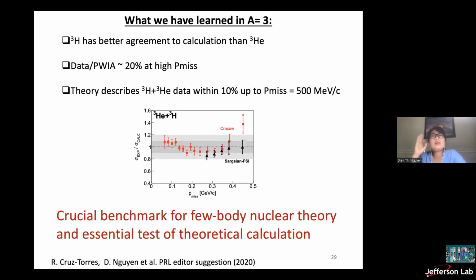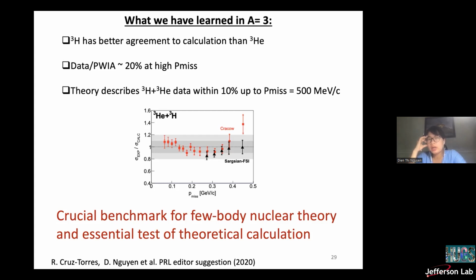So from this measurement, with the NN interaction we use inside, we can see that the data is well described within about 10% up to 500 MeV with the most comprehensive calculation we have so far for the A equal to 3 system.